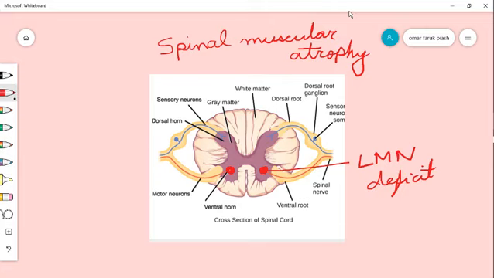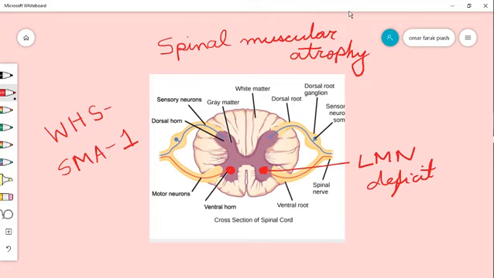On the other hand, as there is involvement of anterior horn, lower motor neuron deficit is present in spinal muscular atrophy. Spinal muscular atrophy type 1 is also known as Werdnig-Hoffmann syndrome.